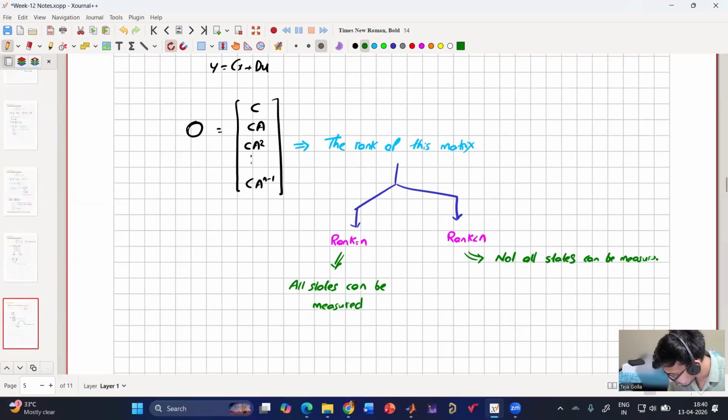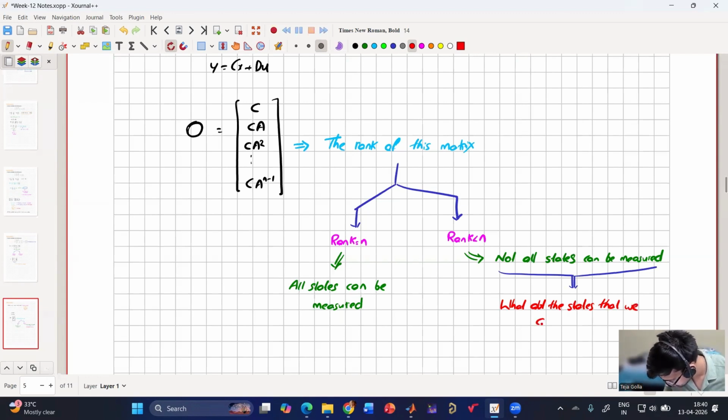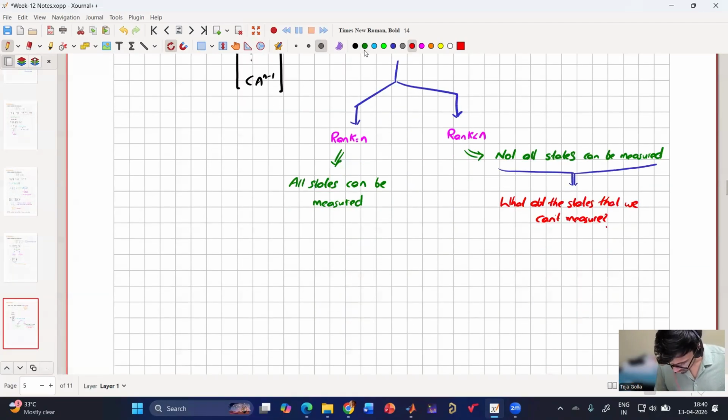So the question is, what about the states that we cannot measure? The basic question. In that case, we estimate those states.